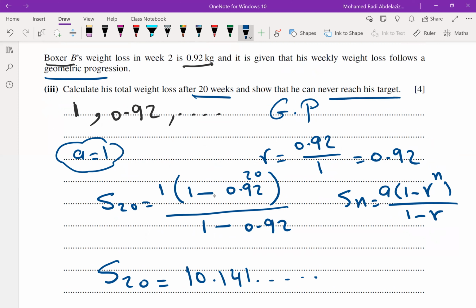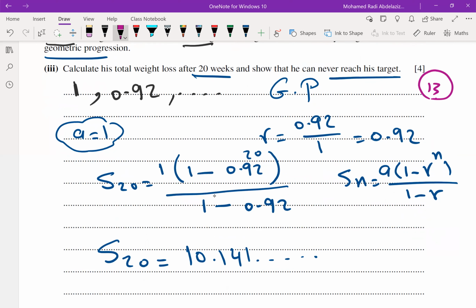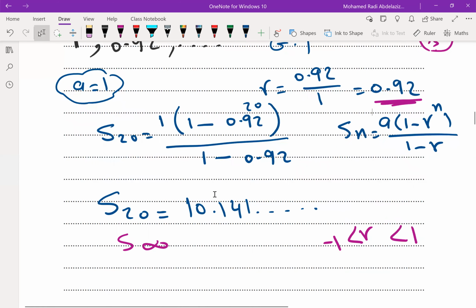Show that he can never reach his target. Do you know his target is how many kilograms? It is 13. By looking at this progression, you can find the sum to infinity because it's convergent, because r is between -1 and 1. Look at r, it's 0.92. So you can find the sum to infinity. Sum to infinity is a over 1 minus r.